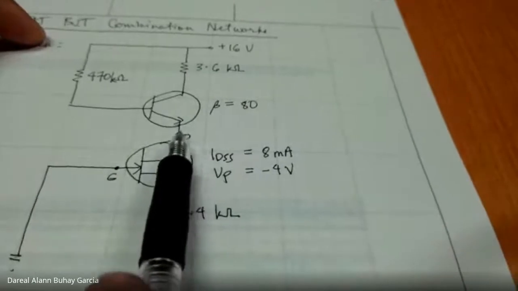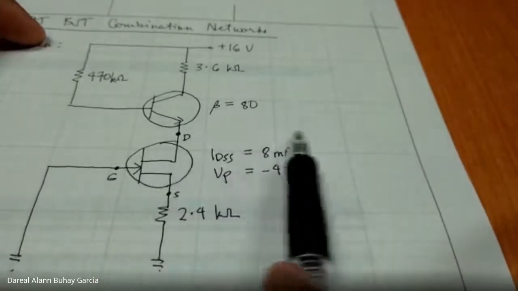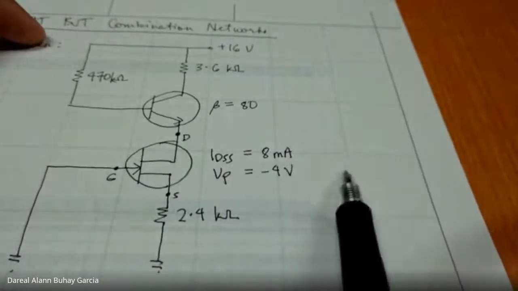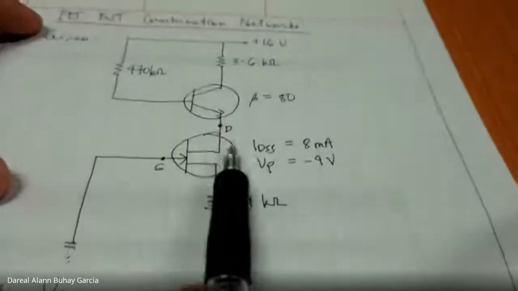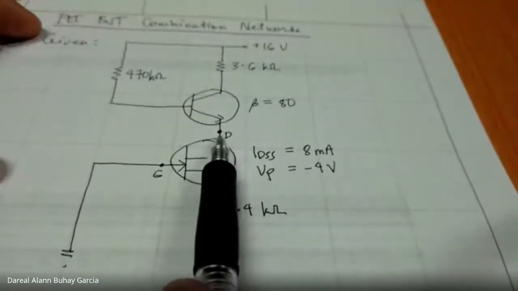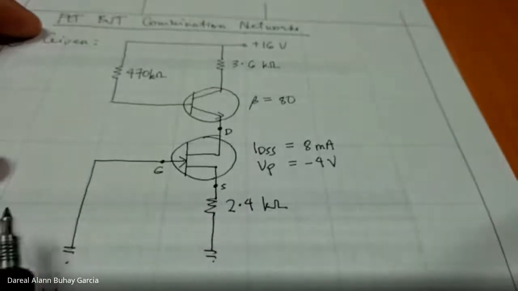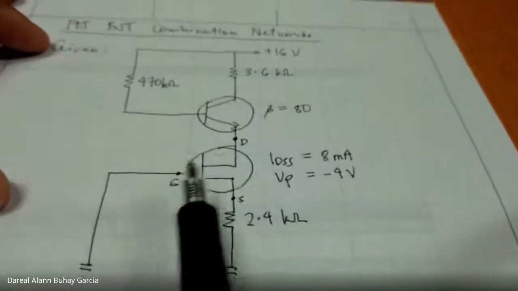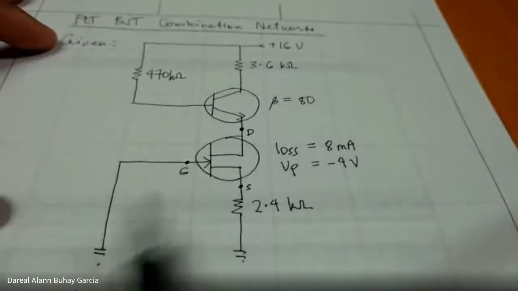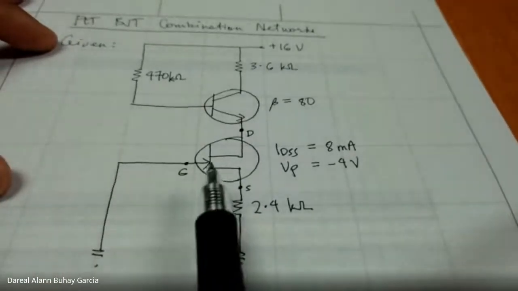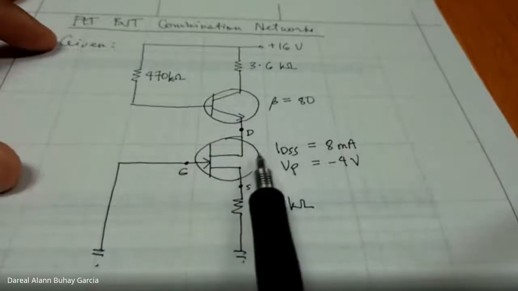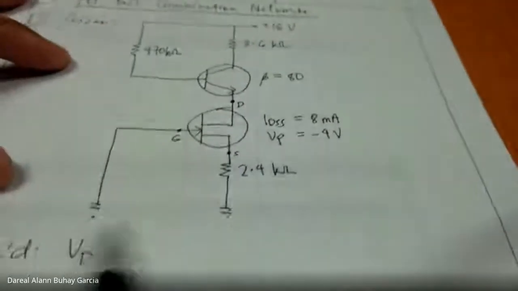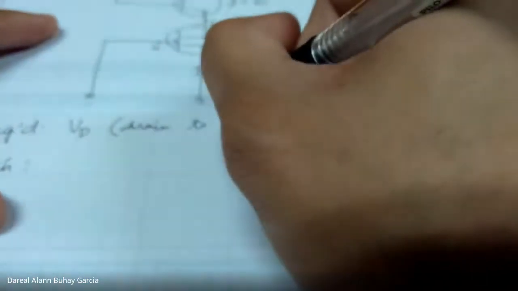We can put a voltmeter here to illustrate, but we don't have to. So VD is not necessarily the voltage drop across the drain resistor, because in this case we have no drain resistor. So VD is the voltage drop from drain to ground.